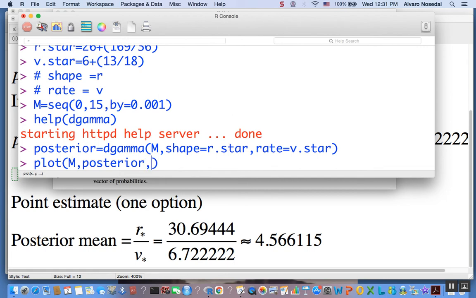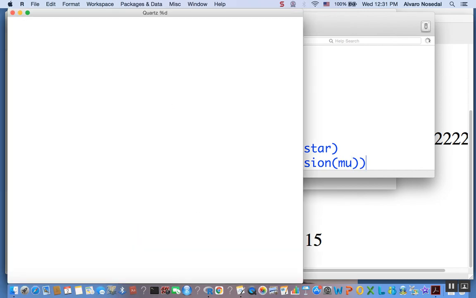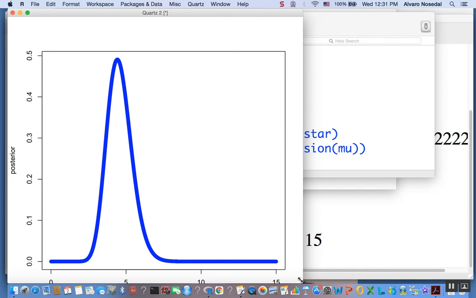And then let's just make it look nice. How about blue for color? And for the label for the x-axis, how about a mu? So let's use expression brackets mu. Okay, and you should be seeing something like this.